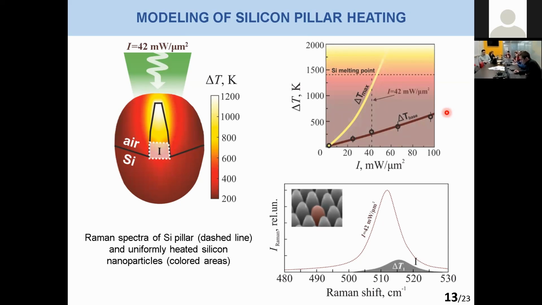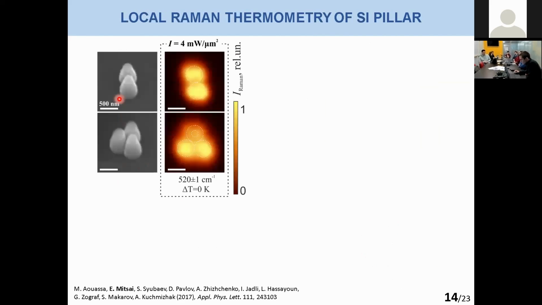And so an asymmetrical peak could be presented by the sum of several symmetrical ones that correspond to evenly heated areas of the nanostructure. Uneven heating of pillars could be more clearly represented by mapping the Raman signal distribution. These maps represent the areas with the same temperature.